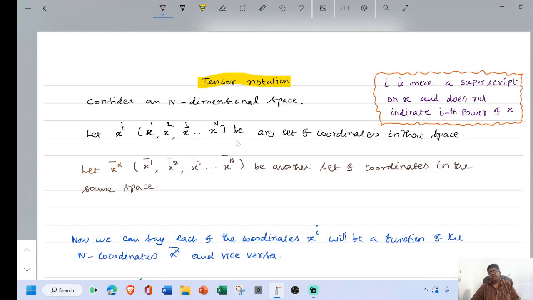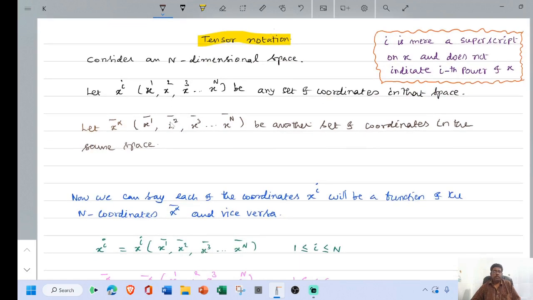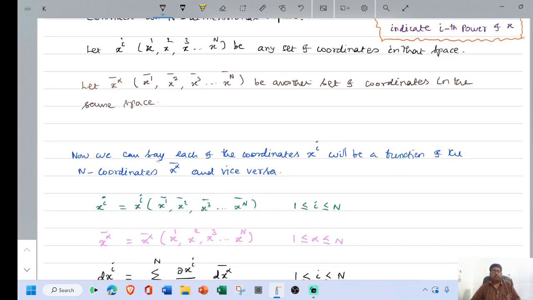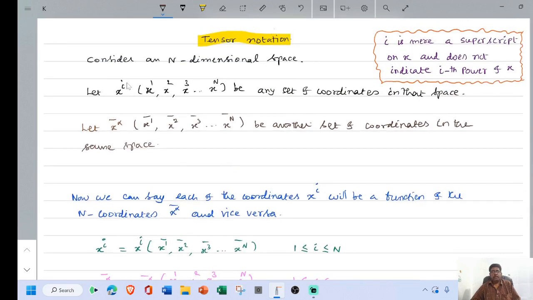Let x superscript i be any set of coordinates in the n-dimensional space. Let x bar alpha be another set of coordinates in the same space. Now, we can say each of the coordinates x superscript i will be a function of the n coordinates x bar alpha and vice versa.